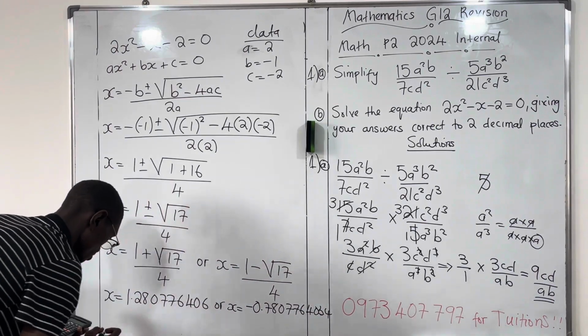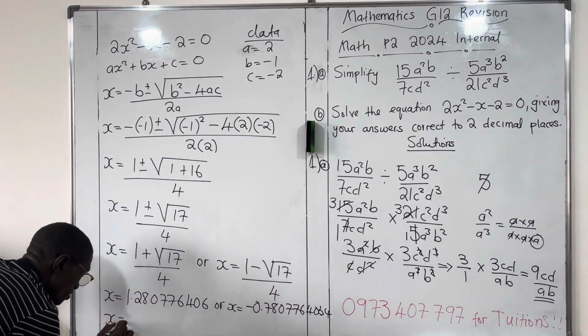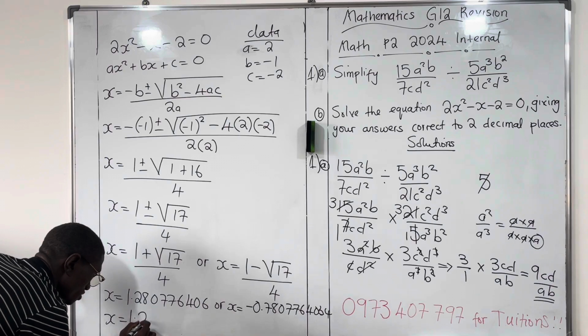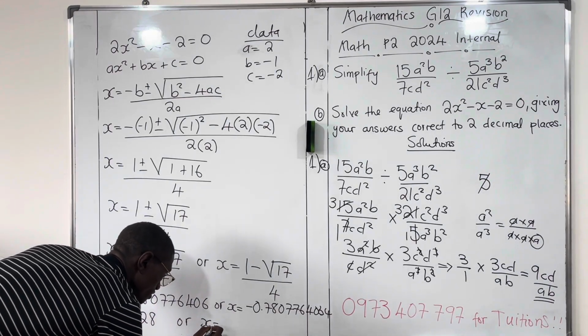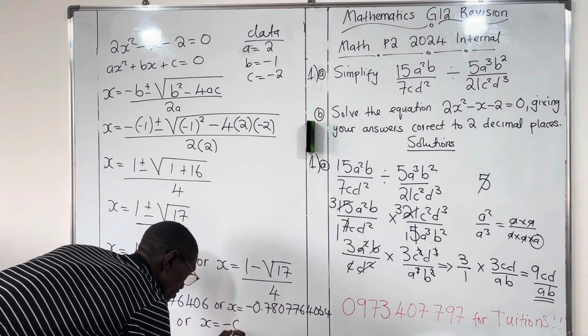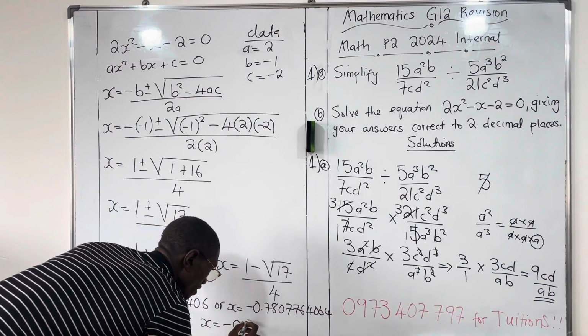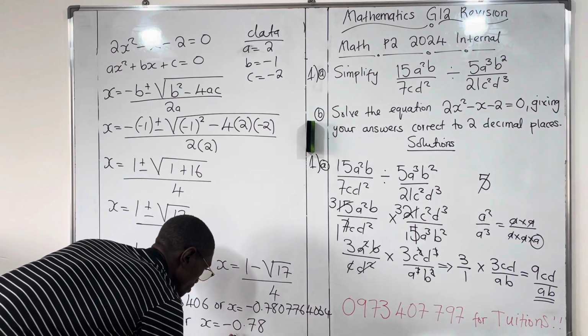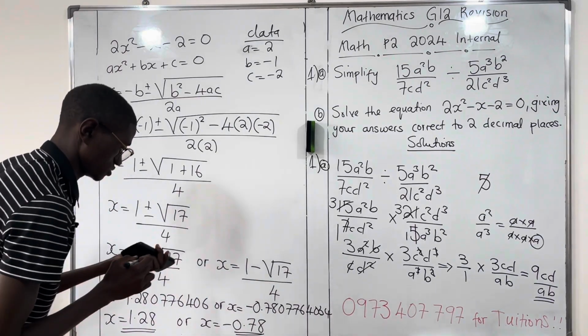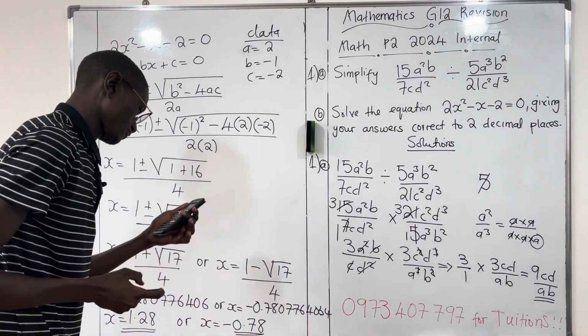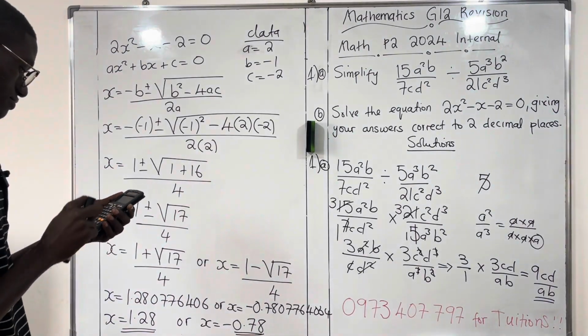Okay, which when you round it off to two decimal places, this one is going to give us 1.28, or x is equal to negative 0.78. So these are the values of x, and we are done.